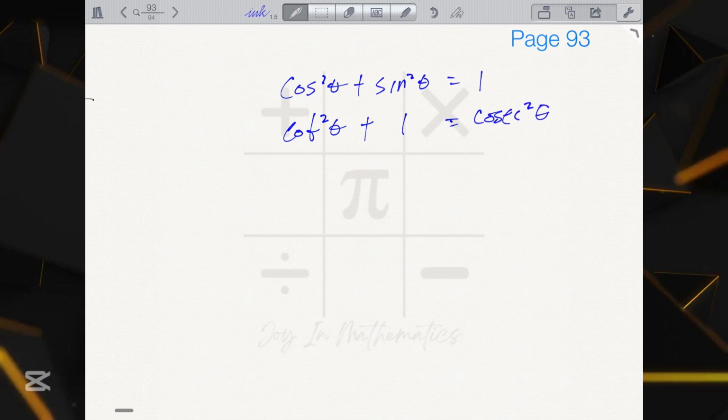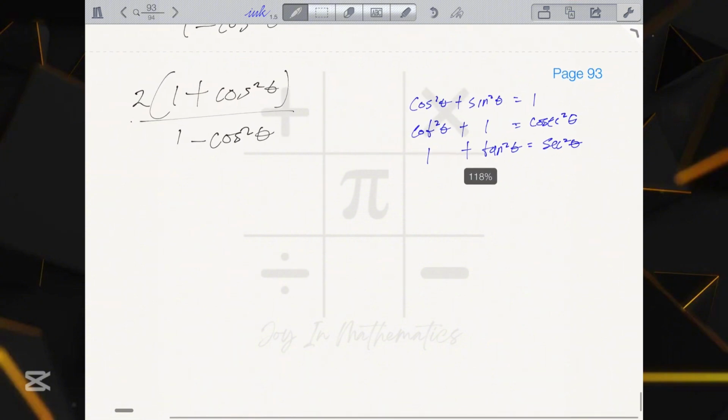And if we divide all through by cos, we will have that 1 plus tan squared theta is equal to sec squared theta, just to avoid any form of confusion.